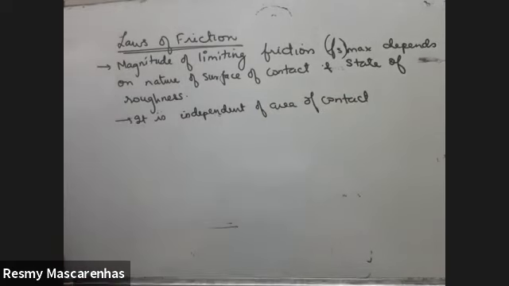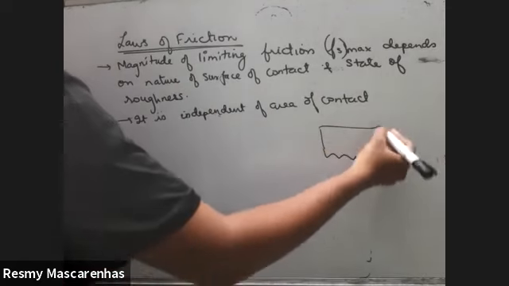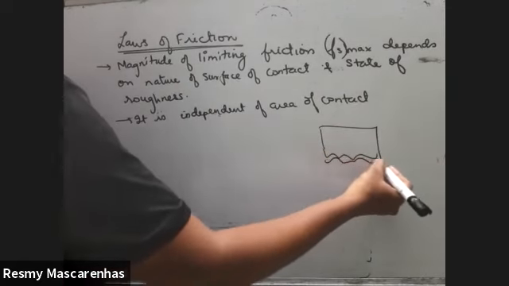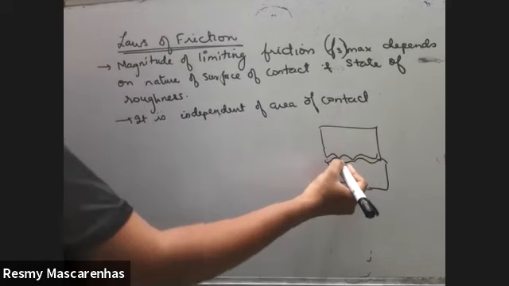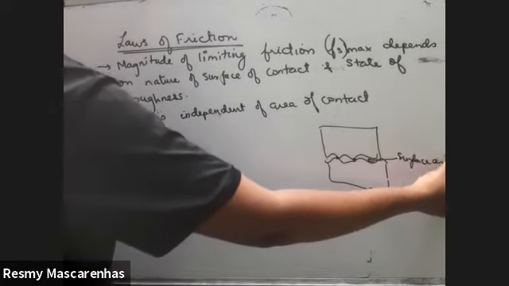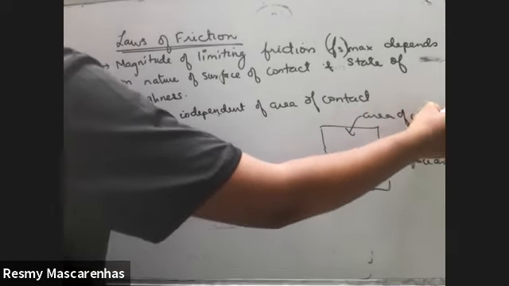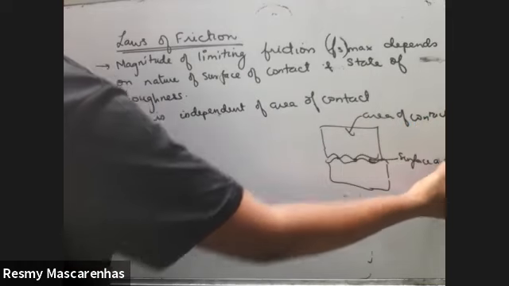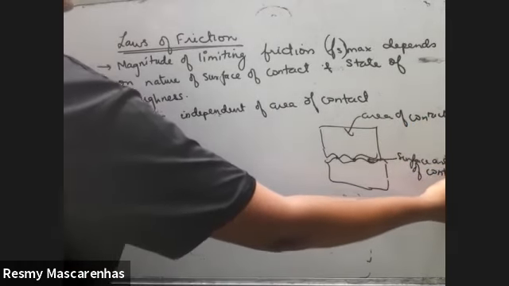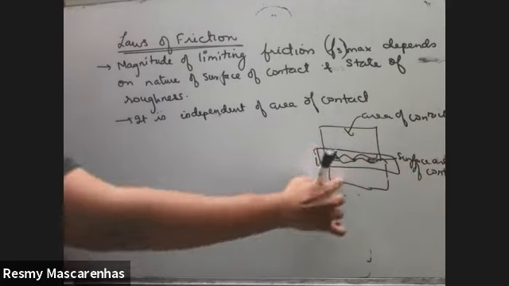What I told you in the previous class is that if any two surfaces are in contact, this is called the area of contact, or surface area of contact. Friction depends on this part, only this much, not on this.